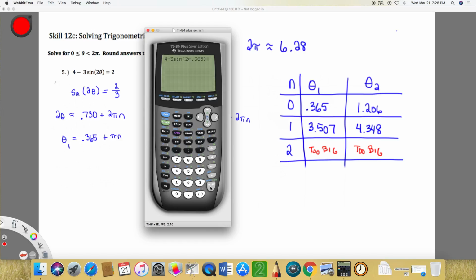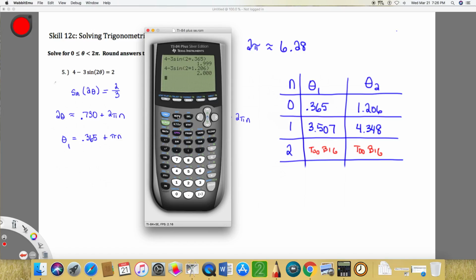See if this is a number close to 2. I'd say that's close enough to 2 for us. All right, so let's check. Let's bring up our last entry and let's change that to 1.206. Hey, that one's even close.